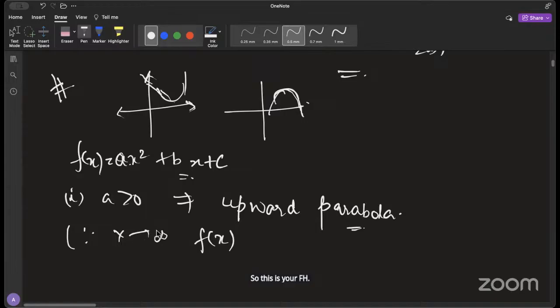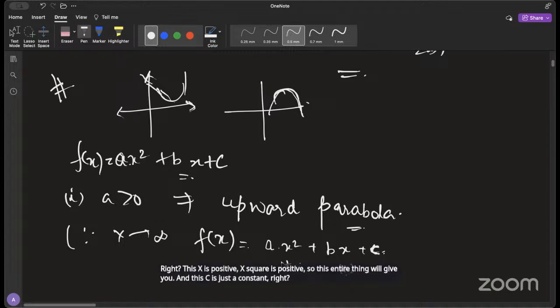Your f(x) goes to, so this is your f(x). If x has a positive sign and keeps increasing, then this will be ax squared, where x squared is positive, then bx, where x is again positive, and then c, which is just a constant, right?